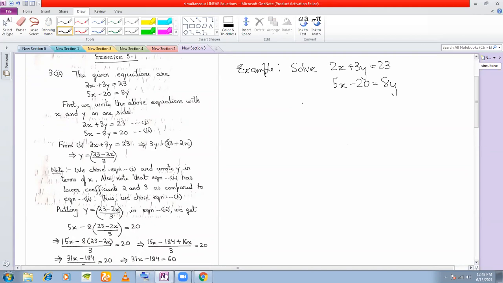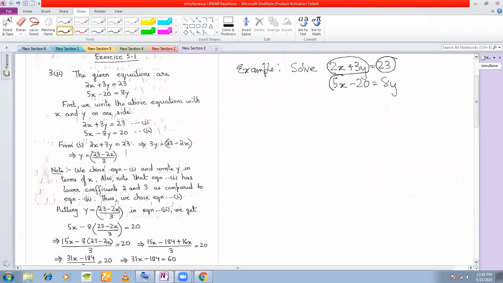Now your first step will be to take the x and y terms together on one side and take the constant term on the other side, that is, on the right hand side. In the first equation, x and y are already on one side and the number is on the right hand side, so I don't need to do anything with this.